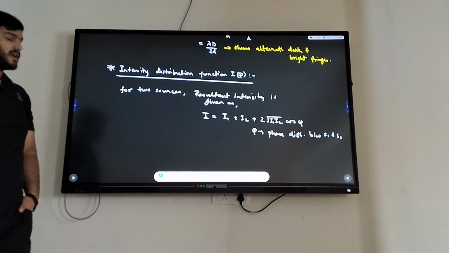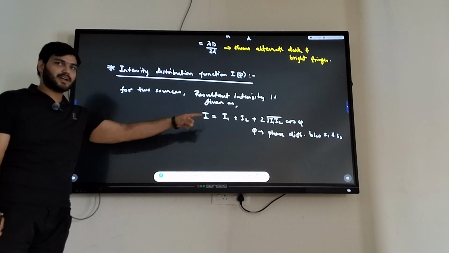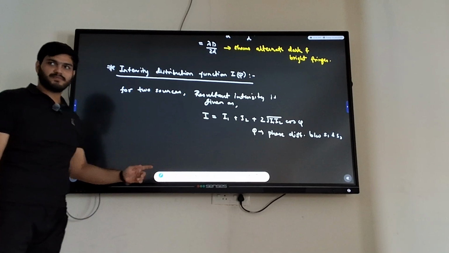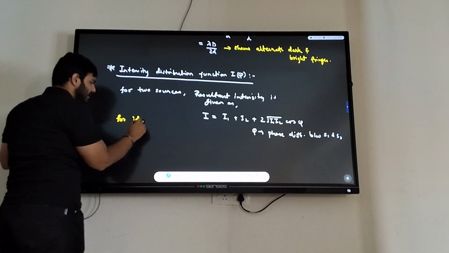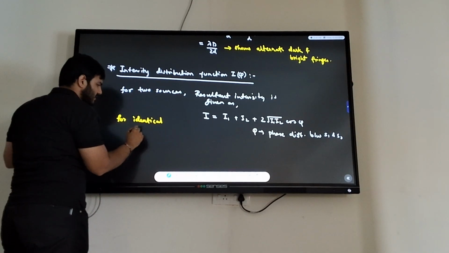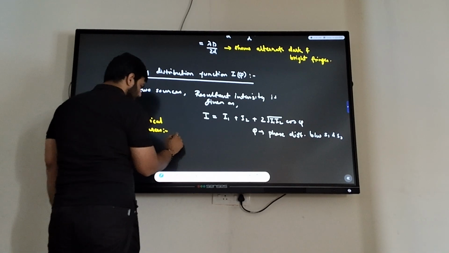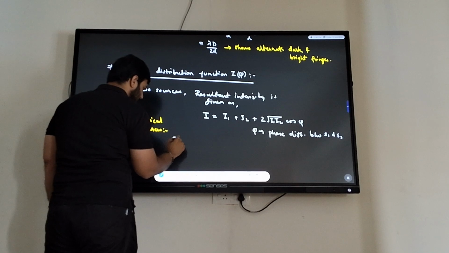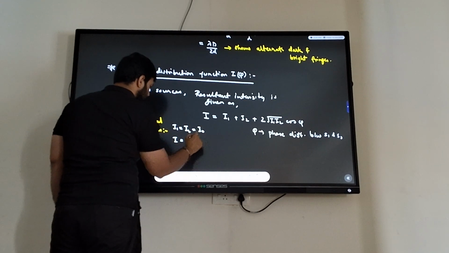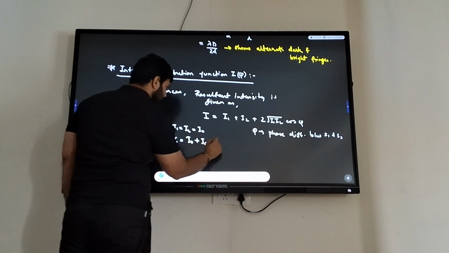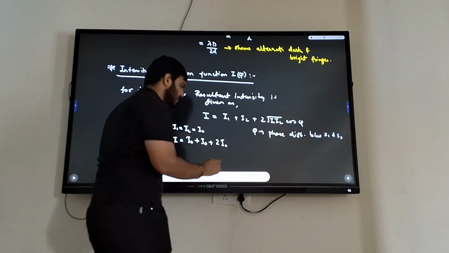This is I. But if you take identical sources, then what can I write that I1 and I2 to be? Same. And I will call it I0 for identical sources. So I am making a simplification. I1 equal to I2 which equals I0. So I is I0 plus I0 plus 2 root of I0 into I0, I0 square, take the root, I0 cos phi.